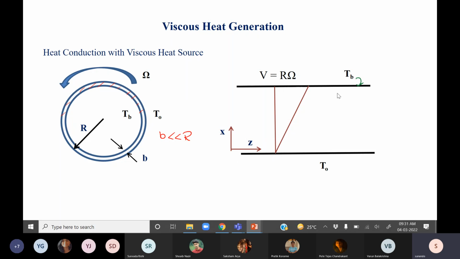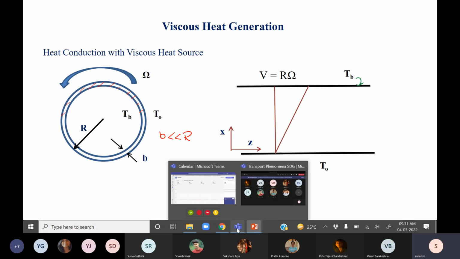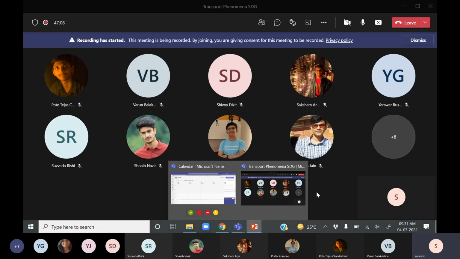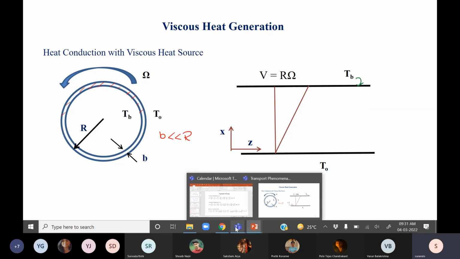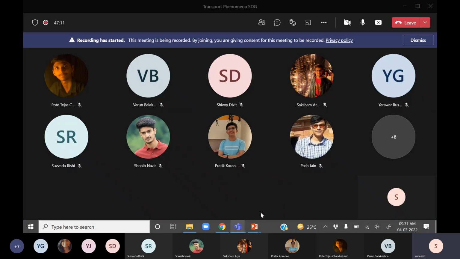One plate is stationary, the other plate is moving with a velocity R omega. And if it's just a conduction problem, then the temperature profile would start at T0 and go all the way up to TB with a linear change in temperature.